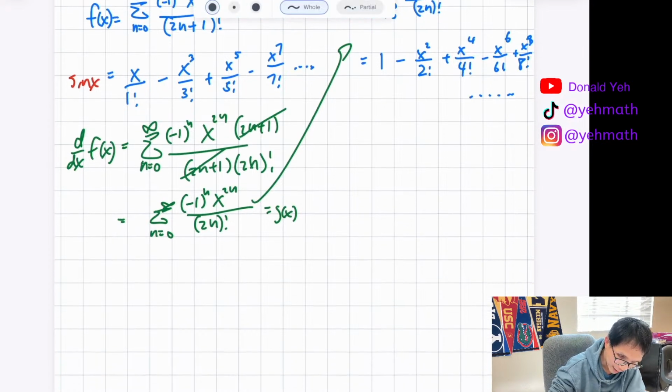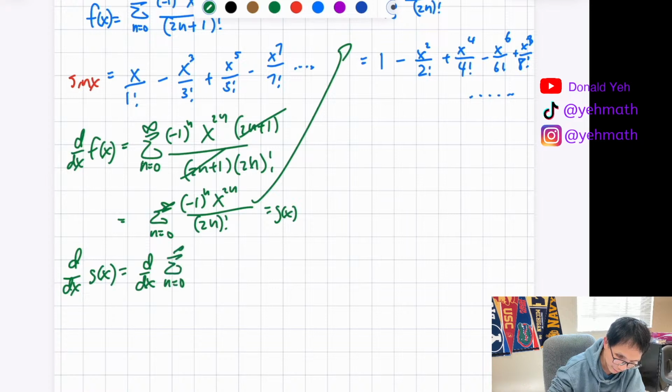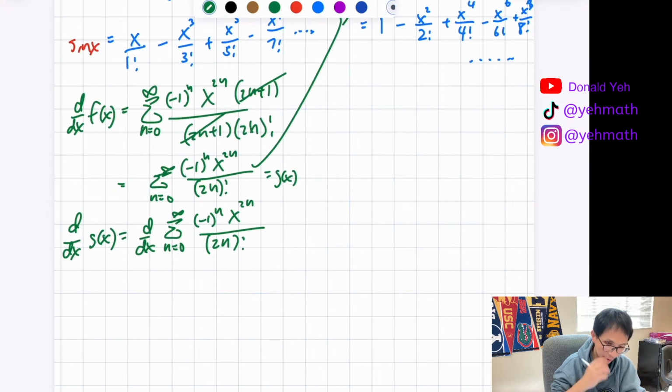What happens if you take a derivative of g of x? Now this one's a little bit more complicated. So if I take a derivative of the summation from n equals 0 to infinity of negative 1 to the n, x to the 2n over 2n factorial, what happens? x to the what? 2n minus 1.